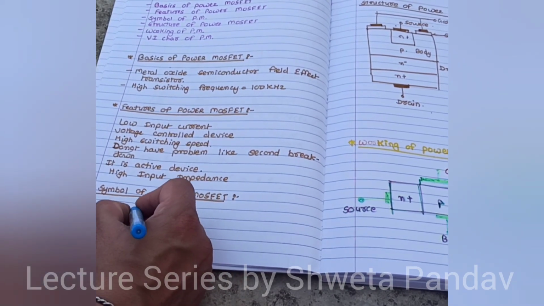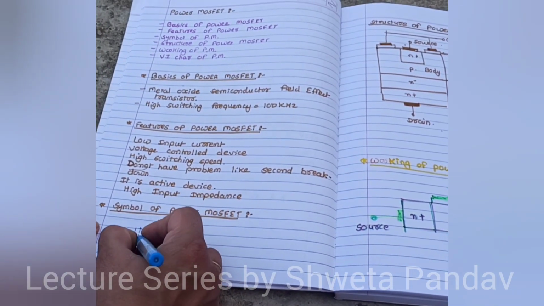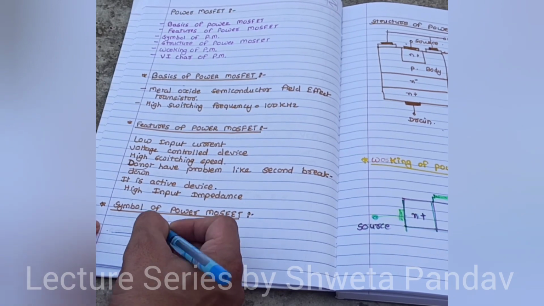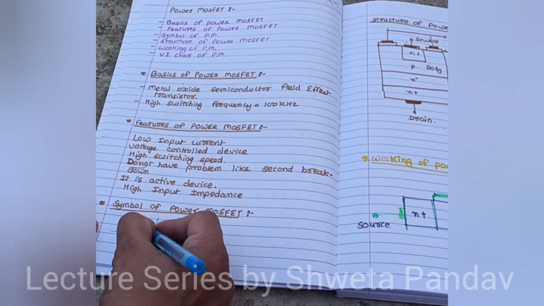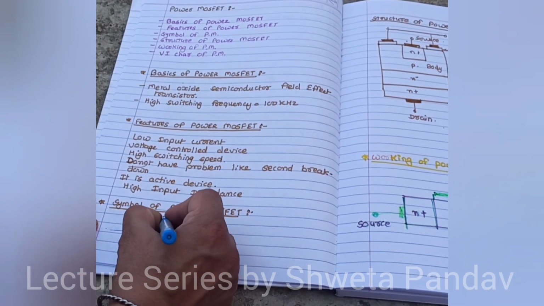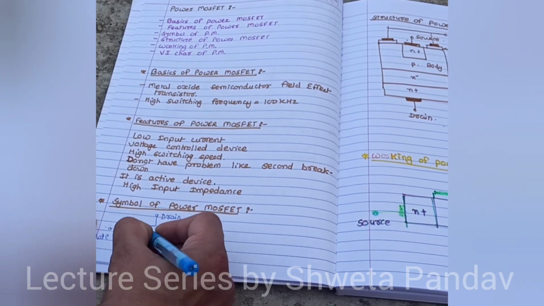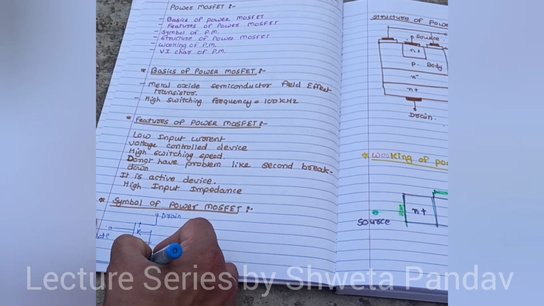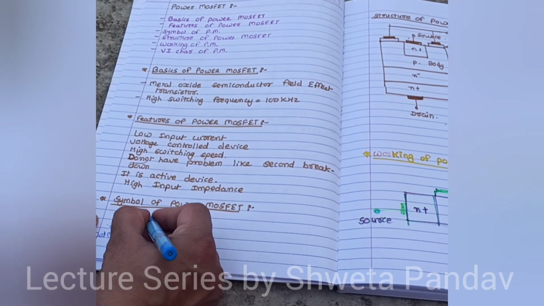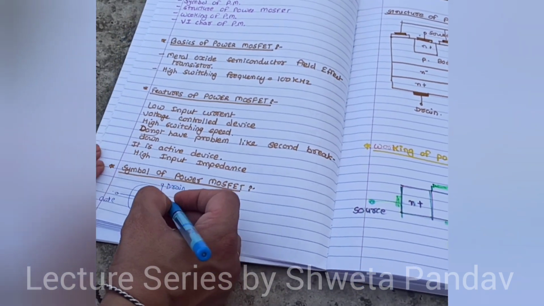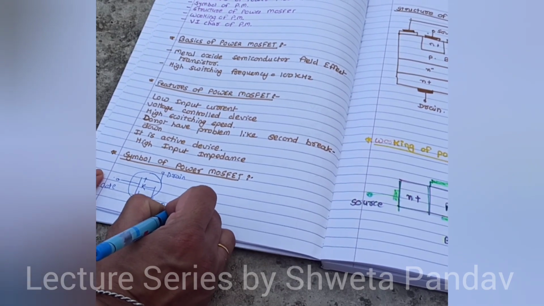It has three terminals: drain, gate and source. If the arrow direction is inward, this is our drain terminal, this is our gate terminal and this is our source terminal. If the arrow direction is inward, this type of MOSFET is called N channel MOSFET.